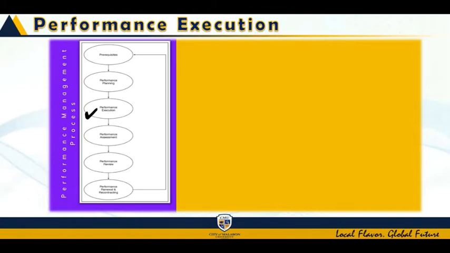Once the review cycle begins, the employees strive to produce the results and display the behaviors agreed upon earlier, as well as to work on the development needs. Employees' participation does not begin at the performance execution stage.